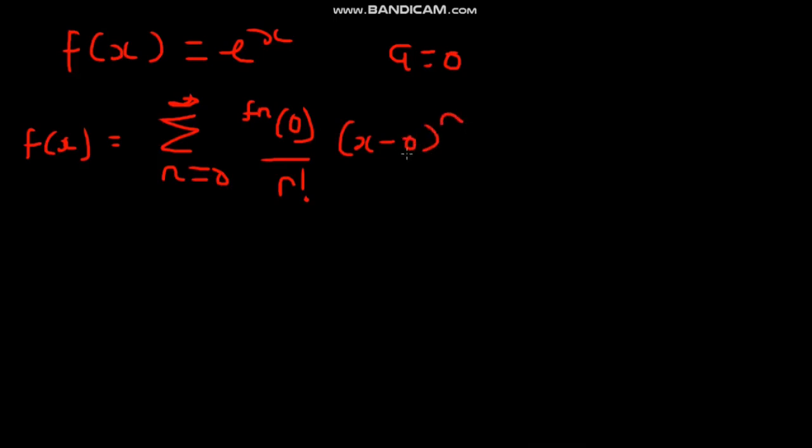But (x minus 0) to the power n will still give us x to the power n, so I can just write this as times x to the power n. So this is what I am going to use to get the series. Now n will start from 0, 1, 2, 3, 4, and then we'll continue.